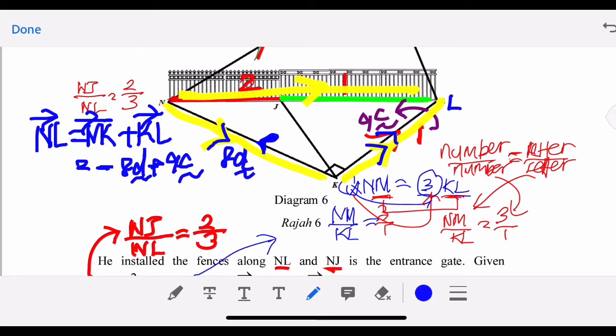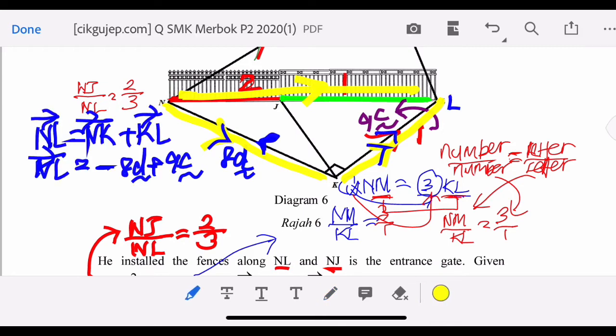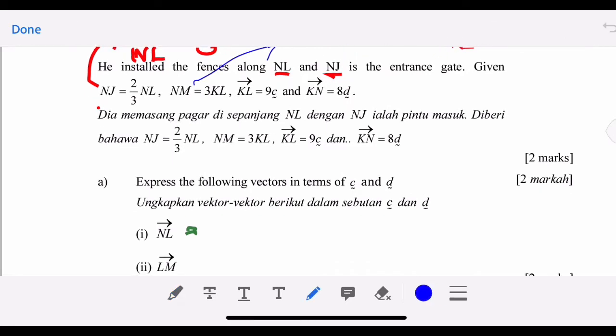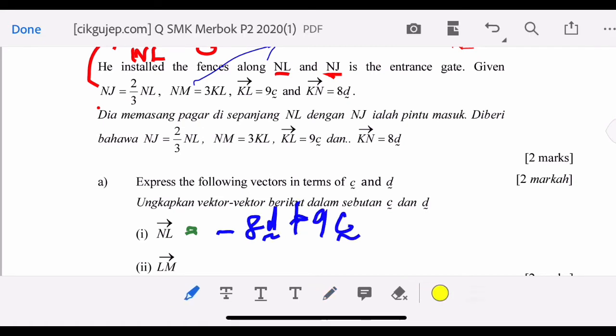So make sure you are very careful when you do vector. If NL is okay, then you can do for the rest. So always double check the vector before you proceed. So now we have solved the first one, which is actually negative 8D plus 9C.